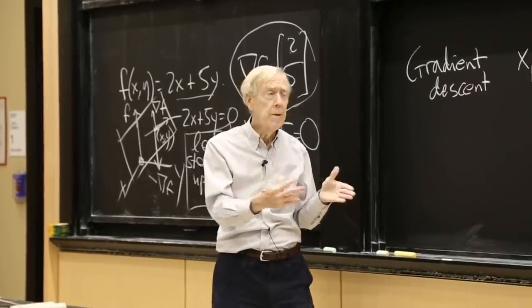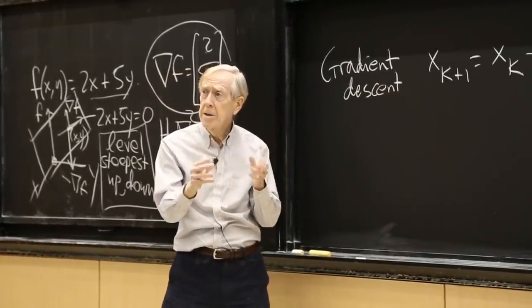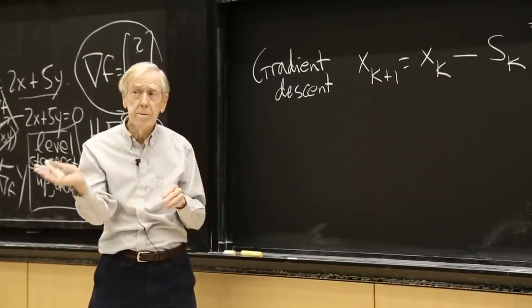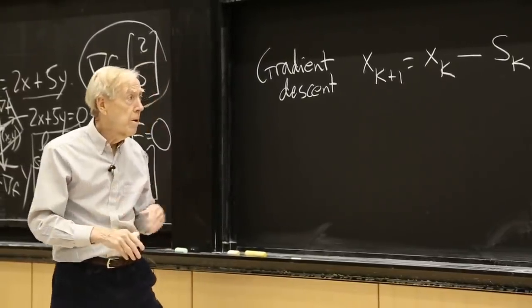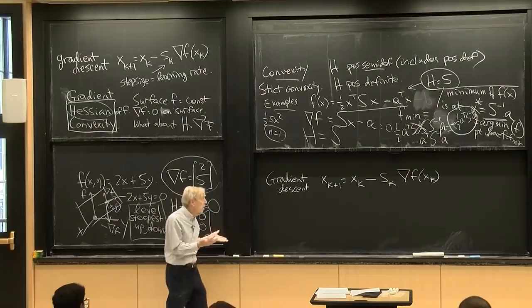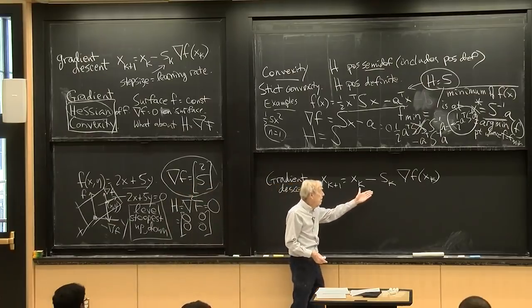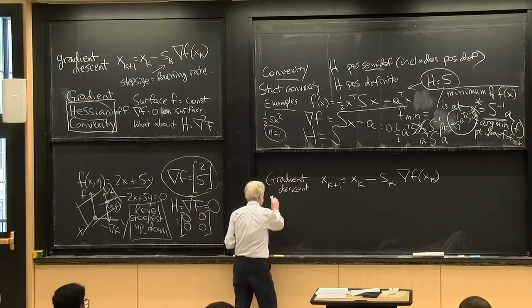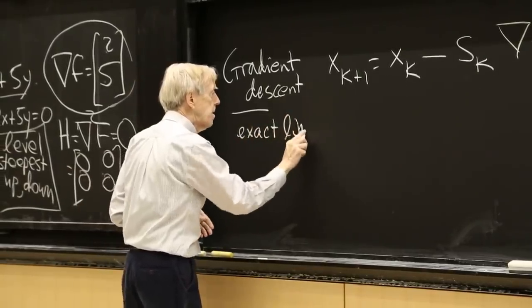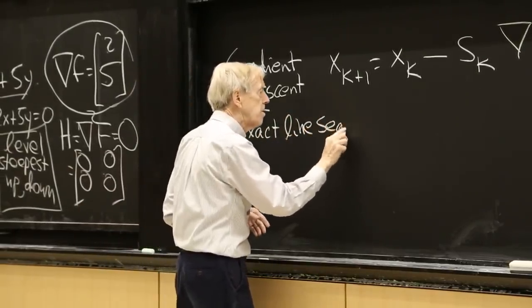On really big problems, people estimate a suitable s_k and then go with it for a while, and then look back to see if it was too big. They'll see oscillations, it'll be bouncing all over the place. Or, of course, an exact line search. You see this expression often, an exact line search.